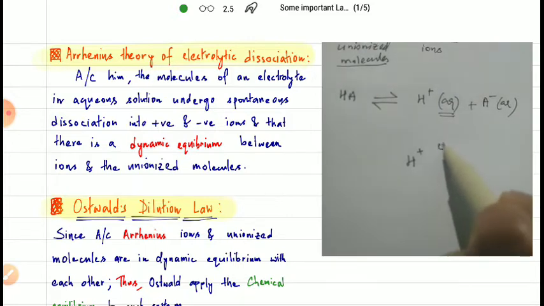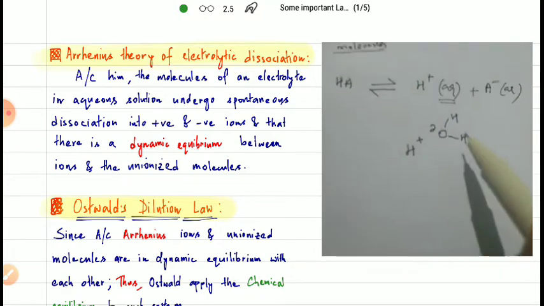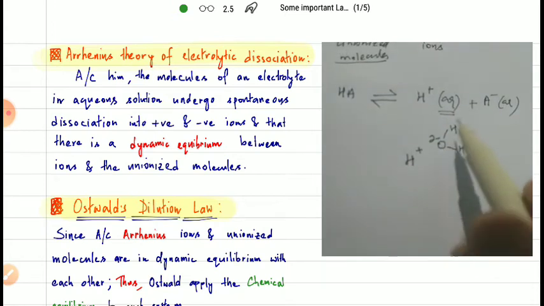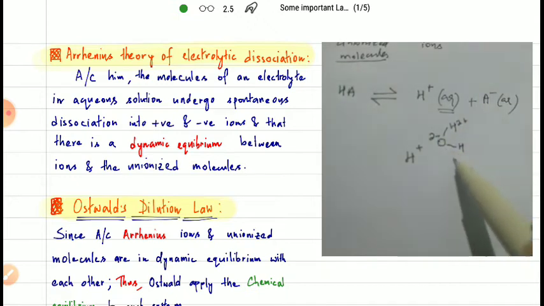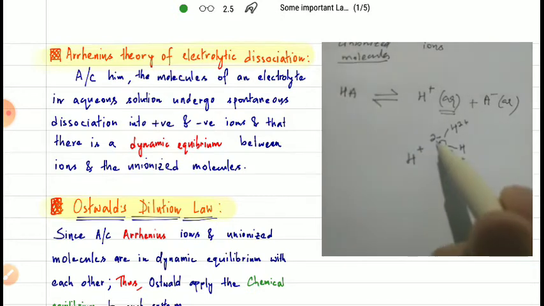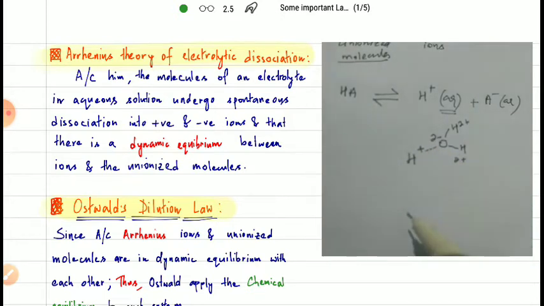In aqueous solution the solvent is water, and water molecules have a dipole moment because of electronegativity, with delta negative on oxygen and delta positive on hydrogen. So there will be an interaction with the positive and negative ions, forming a solvated sphere.